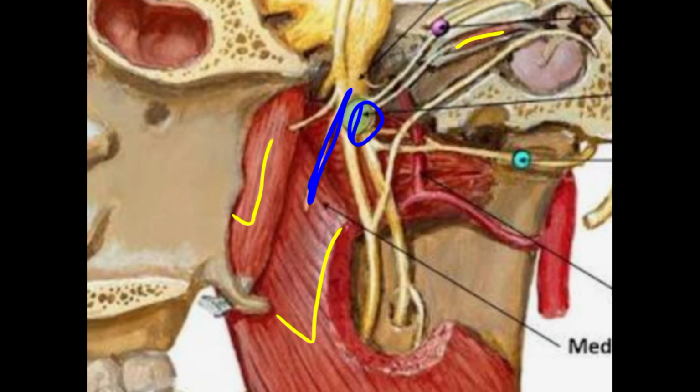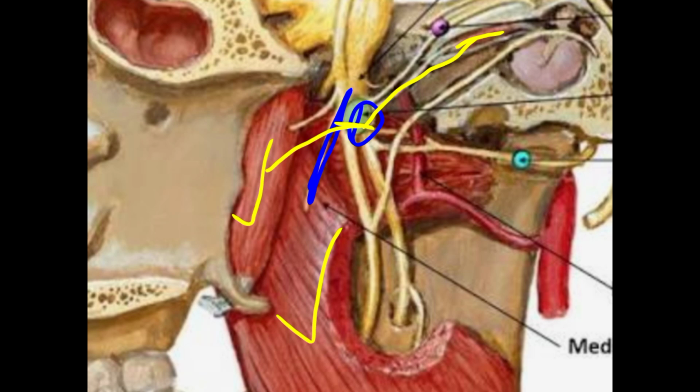This nerve to medial pterygoid gives a branch to the otic ganglion, and that branch will not relay in the otic ganglion. It supplies two muscles, that is the tensor tympani muscle and tensor veli palatini muscle.